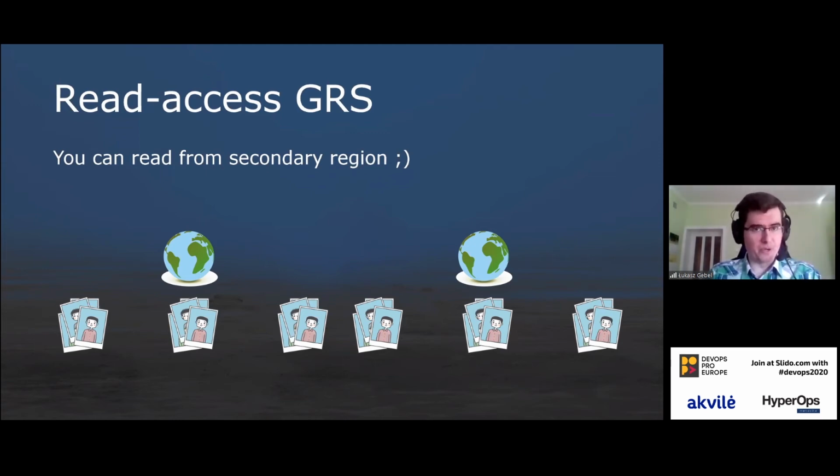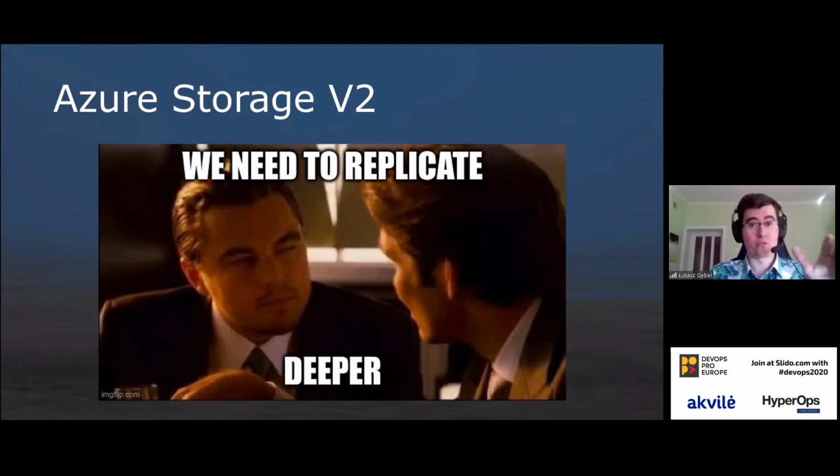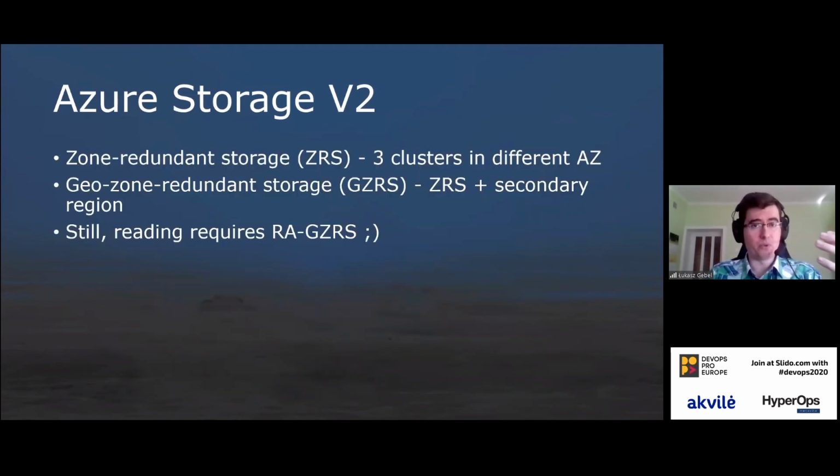If you need to go deeper, you can go for Azure Storage V2, which supports zone redundant storage, so your data will be replicated across different AZs. If you need even more, you can go for geo-zone redundant storage, so you get availability zones in the secondary region. However, still you won't be able to read your data in this secondary region. So you can finally end up with read access geo-zone redundant storage, which is really cool.